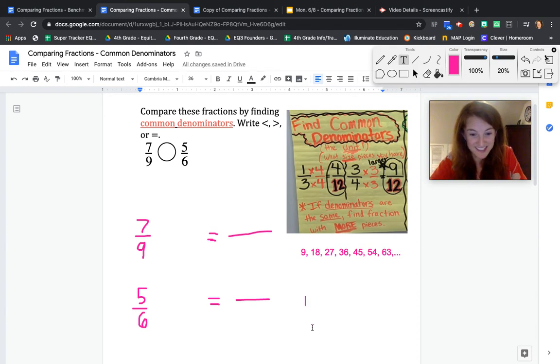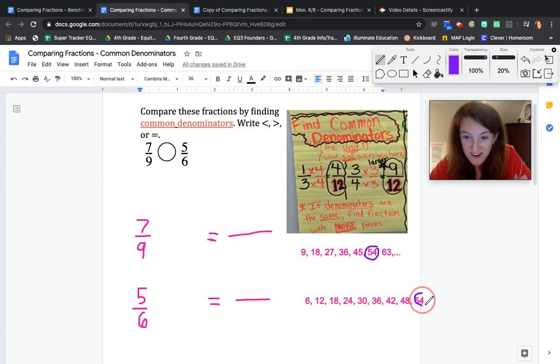Let's roll my sixes. 6, 12, 18, 24, 30, 36, 42, 48, 54. Okay, did you find any that are the same that we could multiply in order to get the same denominator? Well, I see that 54 and 54 are the same.